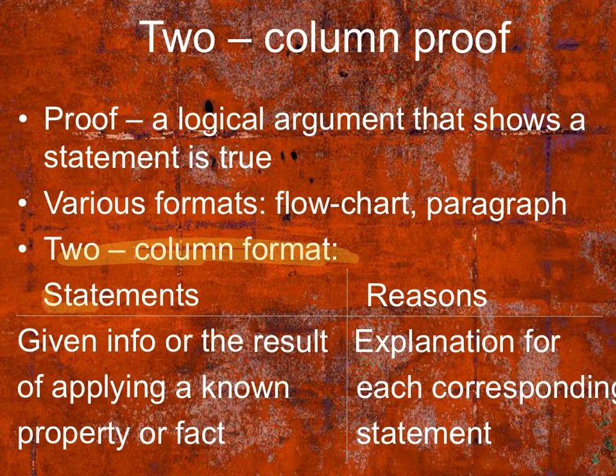On the left side, you're putting your statements. On the right side, you're putting your reasons. You did this with an algebraic equation already. Now we're going to do it with everything, algebra and geometry. So on the left is your statements, which is your given information or the result of applying a known property or fact. And on the right-hand side is the explanation for each of those corresponding statements.